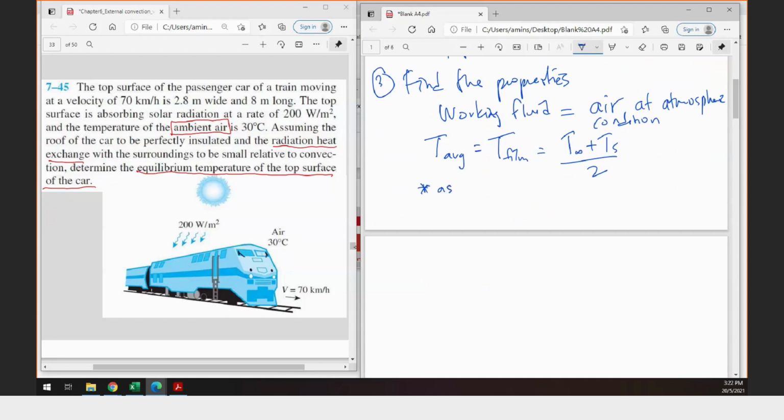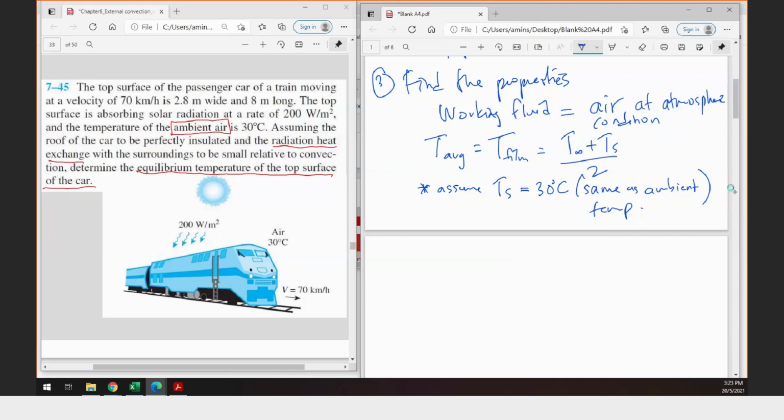Assume TS is equal to 30 degrees Celsius, which is the same as the ambient temperature. Or you also can say that probably 35. It's up to you. Why did I choose 30?